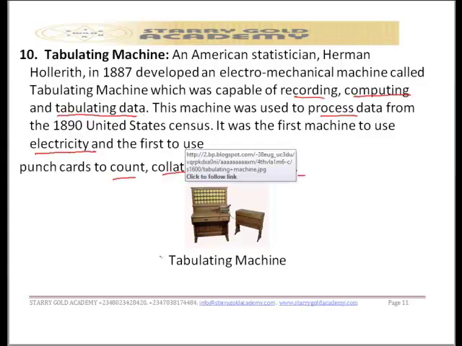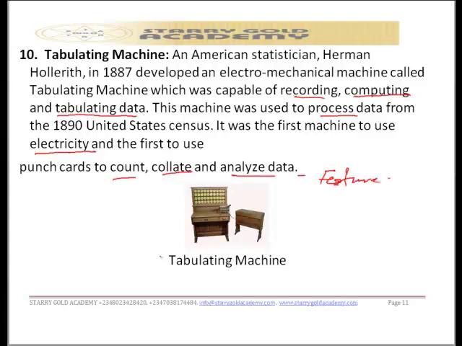Now, from what I've said, one of the features of the tabulating machine is that it was an electromechanical machine. Two, it used punch cards for counting, collating, and analyzing data.